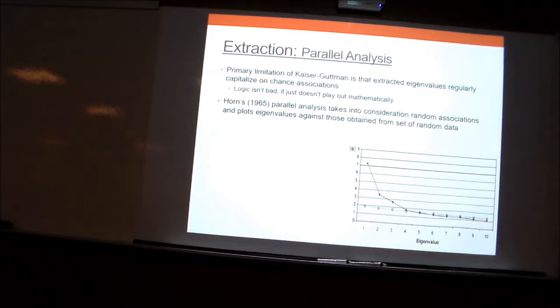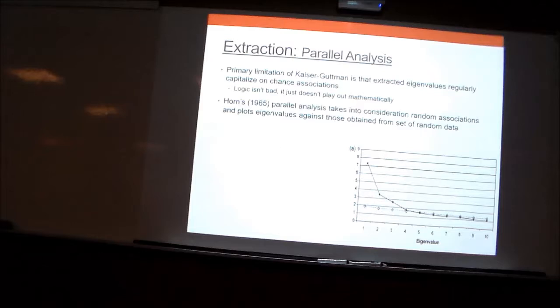Not bad, but the problem is that we get random associations. If I generate a completely random set of data, my items aren't going to be correlated 0. If I run a correlation matrix, the correlations aren't going to be 0, they're going to be something. They're probably not going to be large, but they're going to be something.